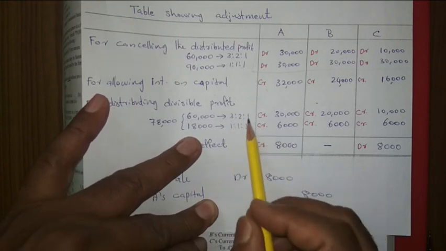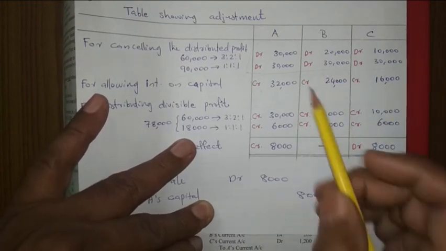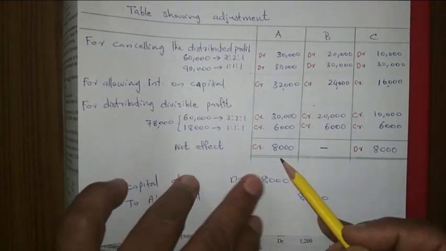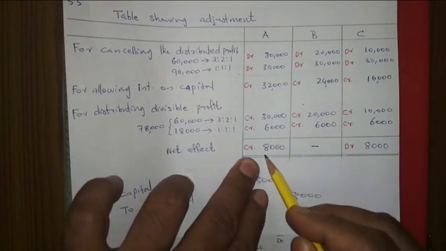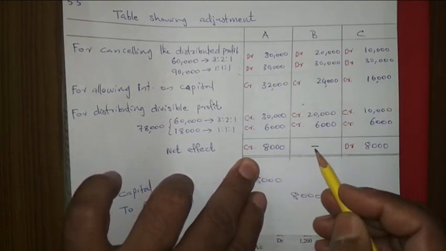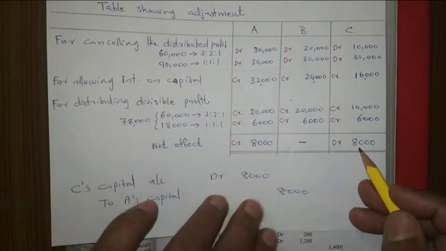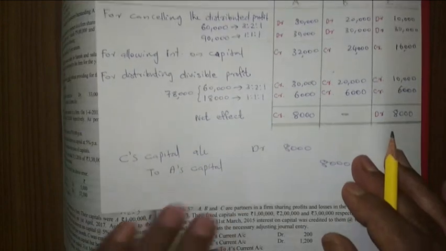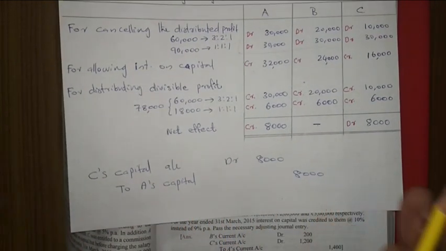This is the divisible profit we are now allowing, that is why we are crediting. After that we take the total of this, and credit is more for A by 8,000, and B debit and credit are equal, so no effect for B, and C is coming 8,000 debit. Now the journal entry will be this one: C's capital account debited to A's capital account.